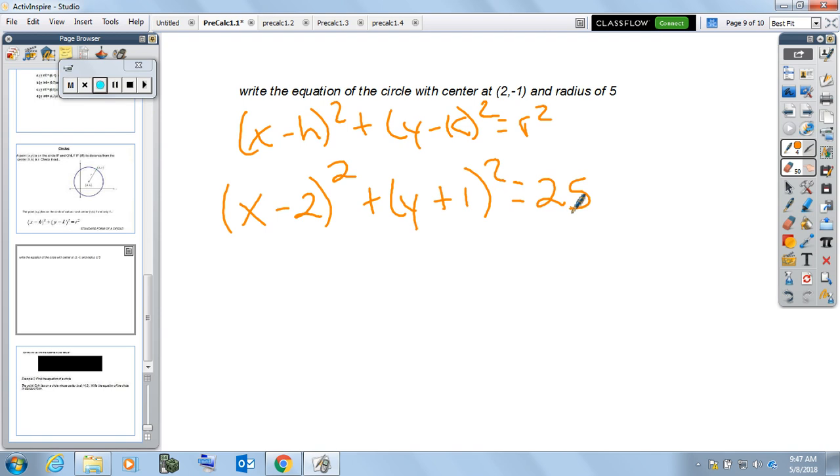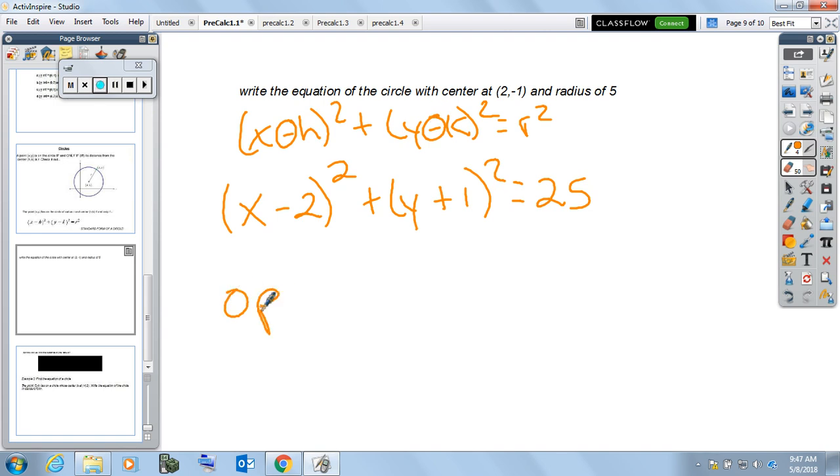The key thing, and I teach this to my geometry kids a lot as well, is that when you're dealing with equations of the circle, because of these negatives inside of your standard form, it's going to be the opposite of what you see, right? So if we have a positive 2, that means we're looking at negative inside. If we have a negative 1, that means we're looking at a positive inside.